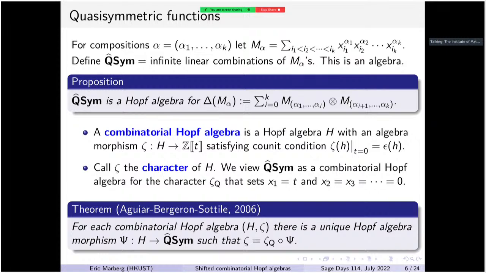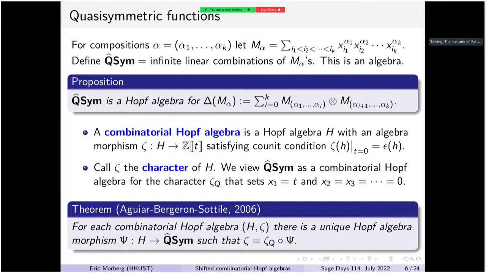And then we have this theorem which says that for each combinatorial Hopf algebra H with a character zeta, there is actually a unique Hopf algebra morphism from H to quasi-symmetric functions such that we have this little commutative diagram. If we first apply this morphism and then apply this quasi-symmetric character, it gives the same thing as just evaluating our character zeta on our element of H.